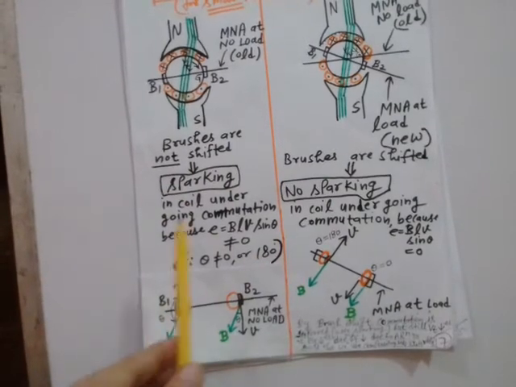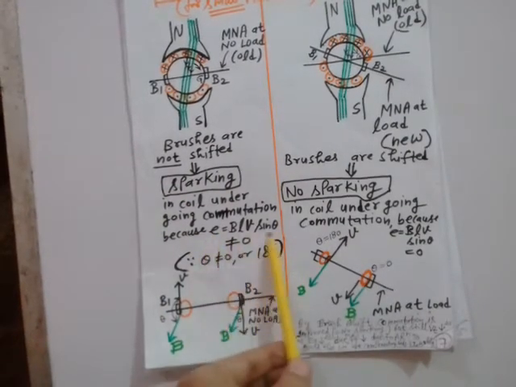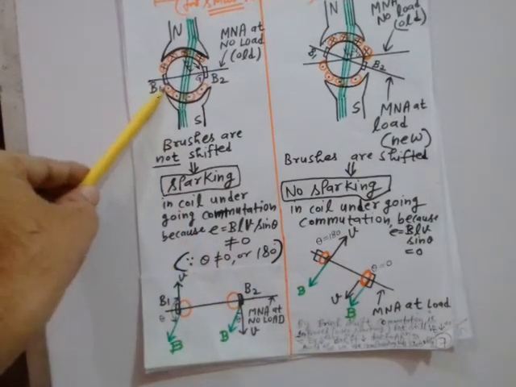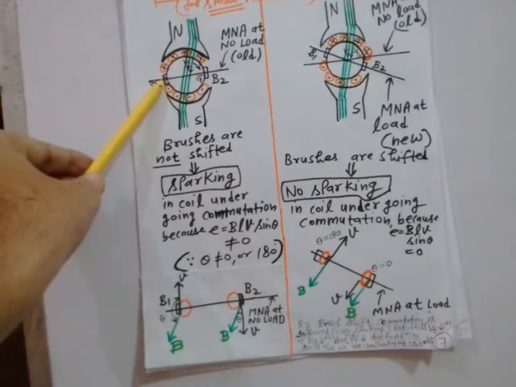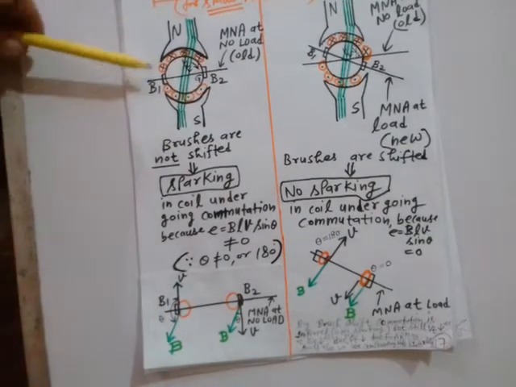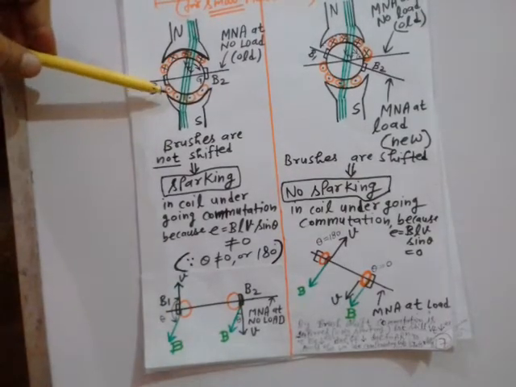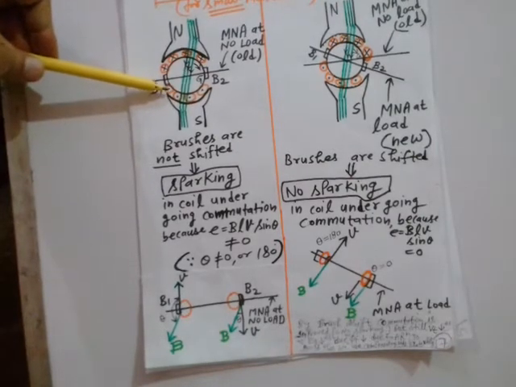So that's why definitely you will get some non-zero value of rotational voltage for this particular coil, which is nearest to this brush, which is placed at the original position, which is not shifted yet. So due to this fact, the rotational voltage in this particular coil is not 0.